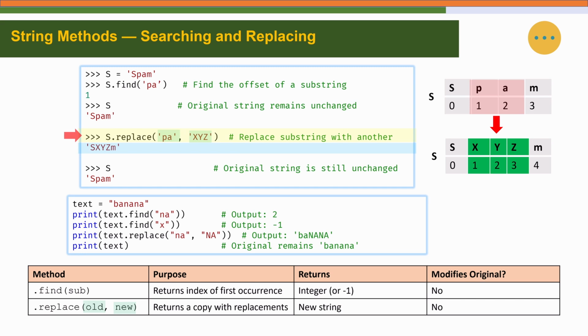These methods are commonly used in real world tasks like searching within documents or cleaning and formatting data. Here find returns the first index of the string NA, that is 2. When we try to find X, it returns -1 because the substring doesn't exist. The replace method replaces all non-overlapping occurrences of NA with capital NA, giving this string, but again the original text remains as it is.